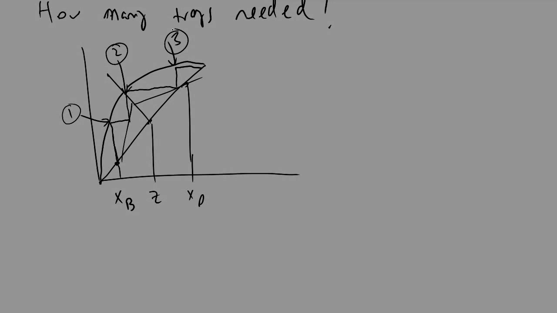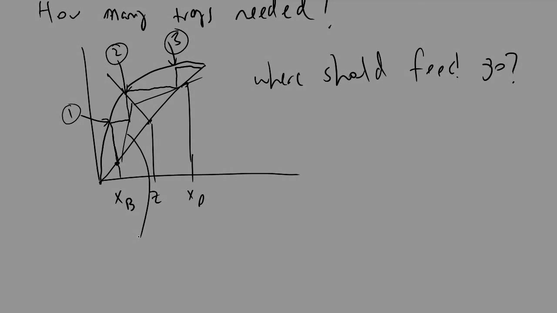And question as to where the feed tray should go. We look at where we switch our operating lines. And so what I mean by that is we notice how tray 1 will be entirely on our stripping line, which is an operating line.